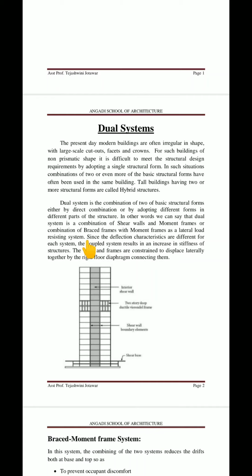We have all studied the three main lateral load resisting systems: moment frames, braced frames and shear walls. So today we are going to learn about a combination of a moment frame with a shear wall, or a braced frame with a moment frame.